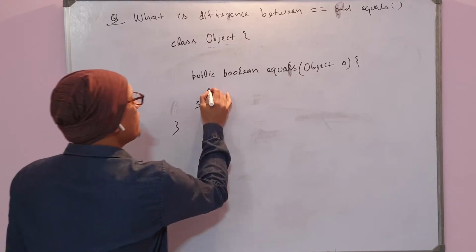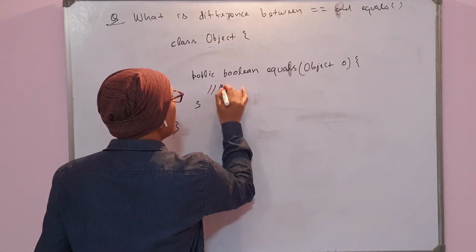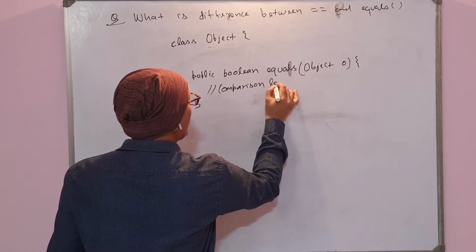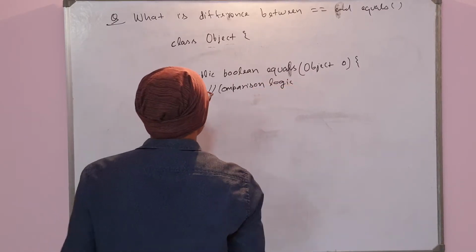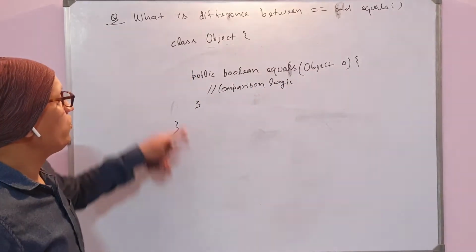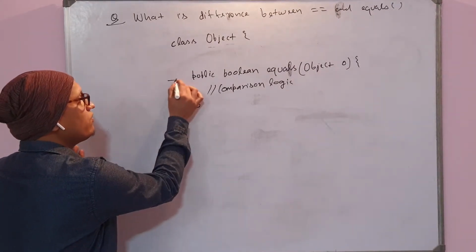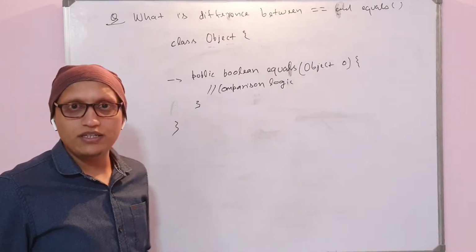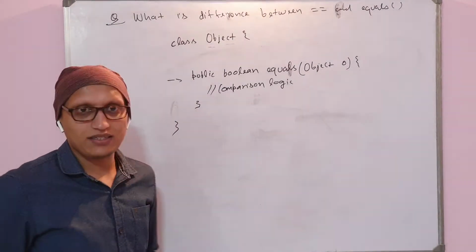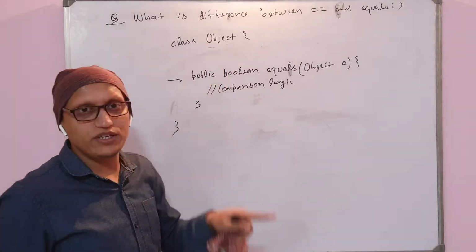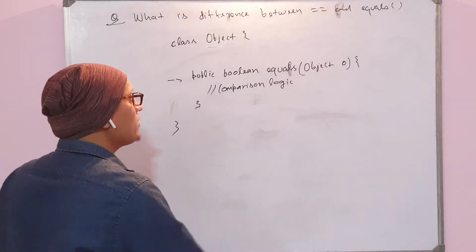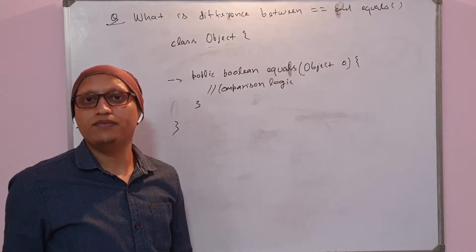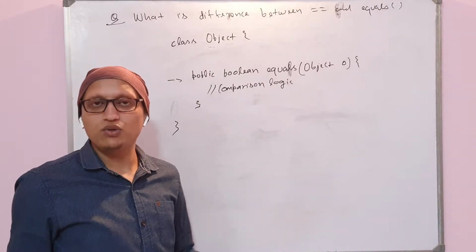Something like this. Here you will write the comparison logic. So this is the default definition of the equals method in the Object class. Object class is the parent of all the classes you define in Java, so this equals method will be available by default in all the classes, whatever class you define.